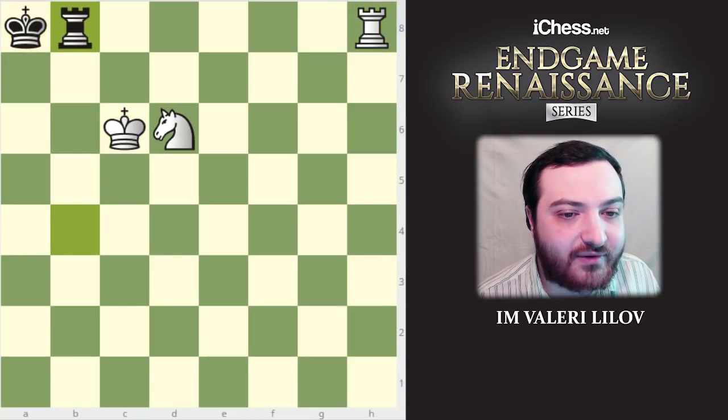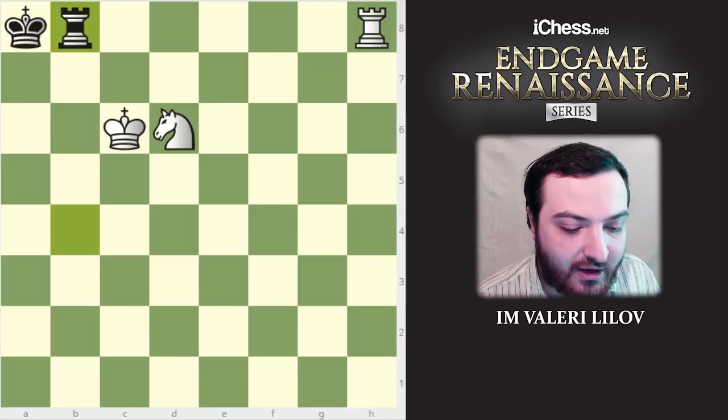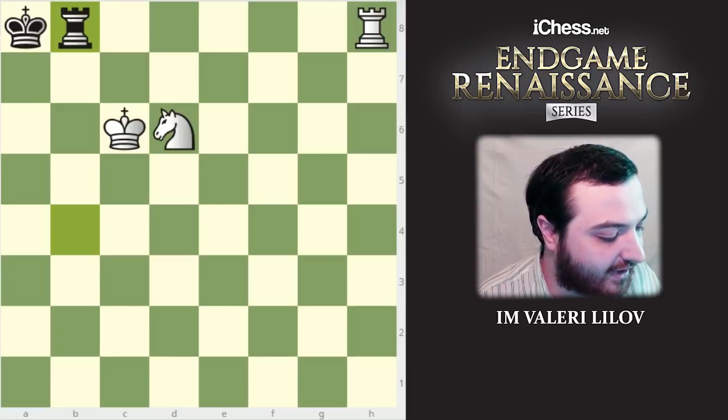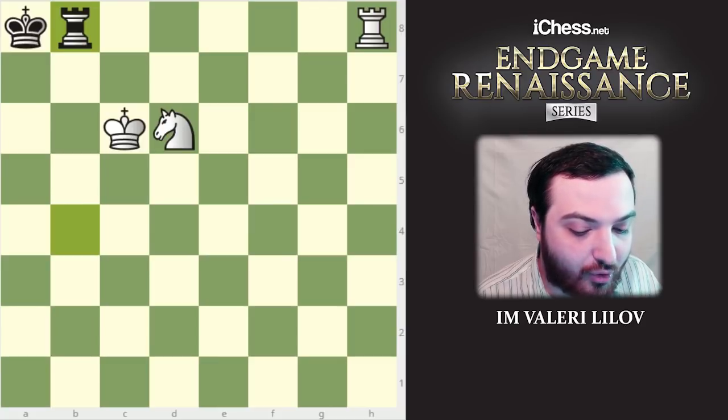And now the best thing in this type of position is that you get coordination. Coordination of your pieces is very, very important, a key idea in this case.